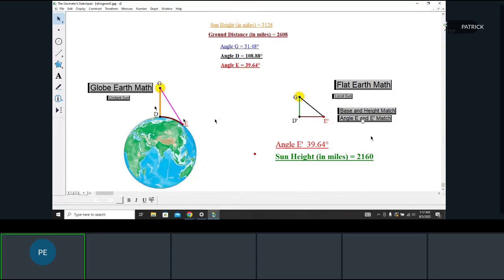So this just kind of gives you a little bit of a comparison here. And you can see the difference here. This one here should be at 2,000 miles. And even though this is the same angle on a curved Earth, would be at 3,000 miles.